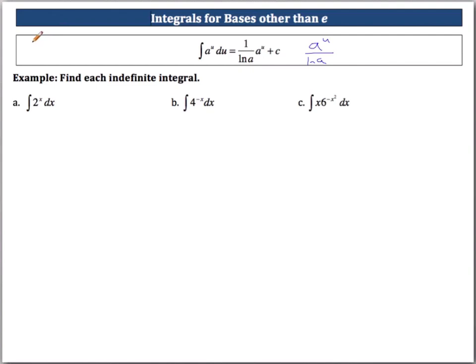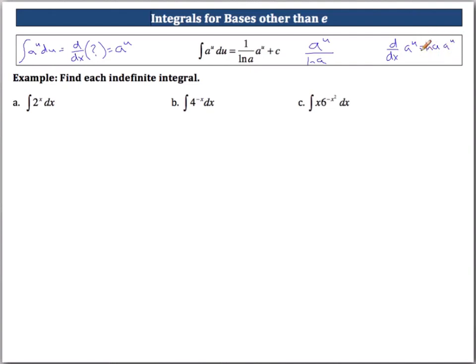And again, we can think about our integral of a to the u du as being the derivative of what function equals a to the u. Okay? And so we know that the derivative of a to the u equals natural log of a times a to the u.